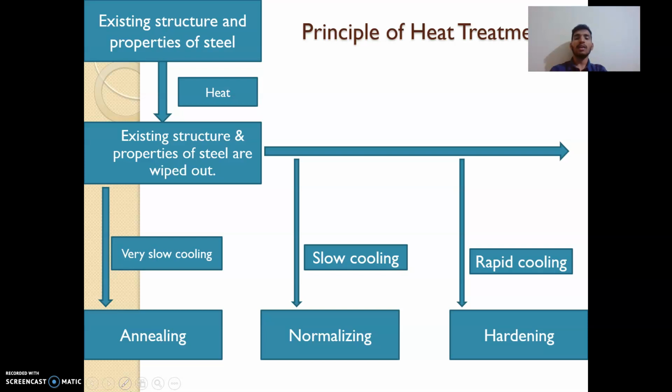That is called annealing. In normalizing, it is not cooled inside the furnace but in air, directly exposed to air or with artificially applied air, with the help of fans, coolers, etc. For rapid cooling, after heating a metal, we throw the metal into water or oil or salt water, etc.